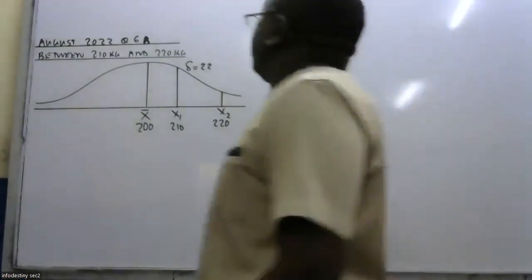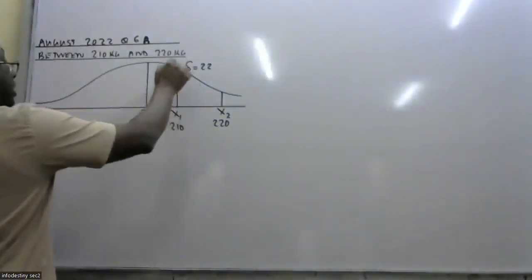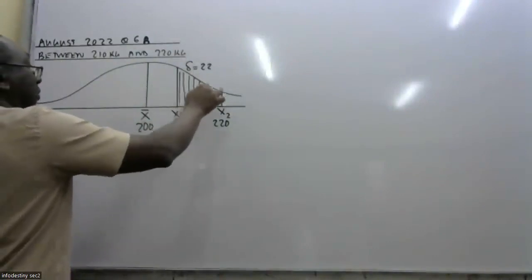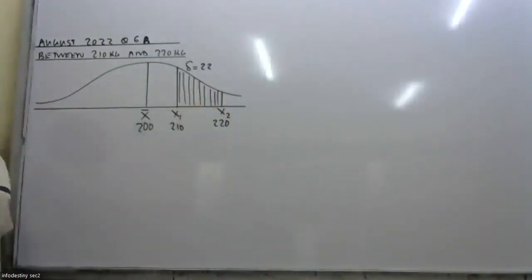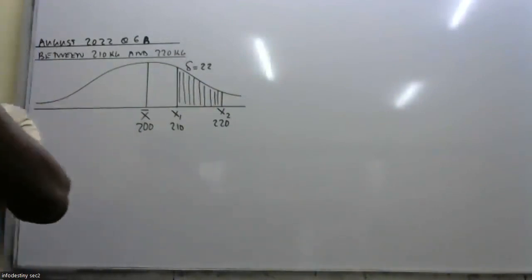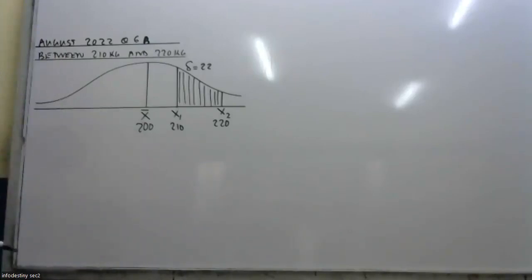Then the area of interest is shaded. This one. You shade like this. That is the area that you want. Then from there, you come down here and tell us Z1 is equal to X1 minus X bar, you divide by standard deviation.